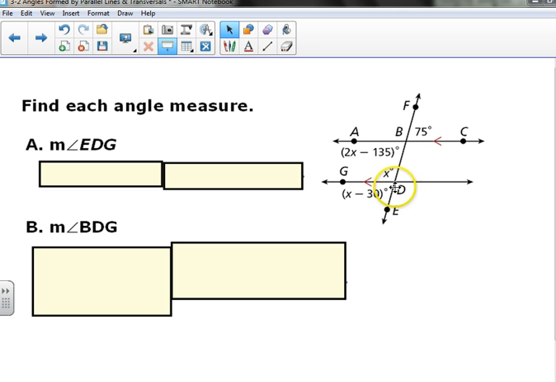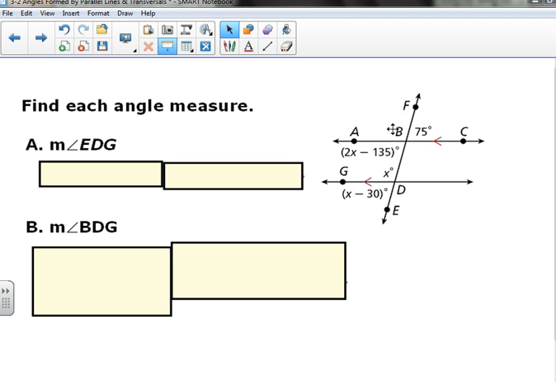So EDG is right here. We're trying to find that angle measure. So what do you know about these 3 lines that can help you, Matthew? Well, since FBC is 75 degrees, you can say by the linear pair here that the other one is 105 degrees.